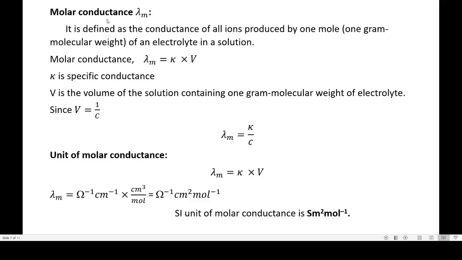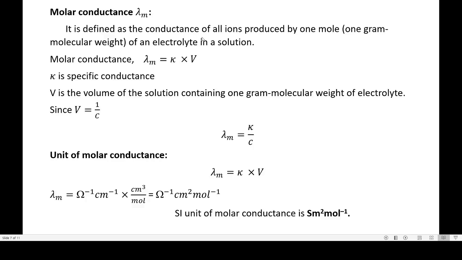Similarly, molar conductance, that is lambda m, is the conductance of all ions produced by 1 mole, or 1 gram molecular weight, of an electrolyte in a solution. So if we have a solution containing 1 mole of an electrolyte, then on dissociation it will form ions.